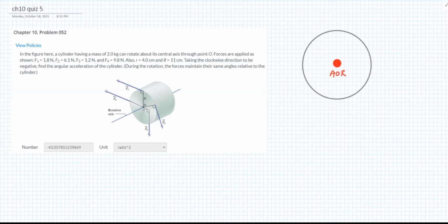Okay, I have F1. So here's what F1 is doing. This is F1, like that. This is vector F1, force vector F1. It is a vector, which means you have to worry about magnitude and direction. Here's force vector F4, like this.